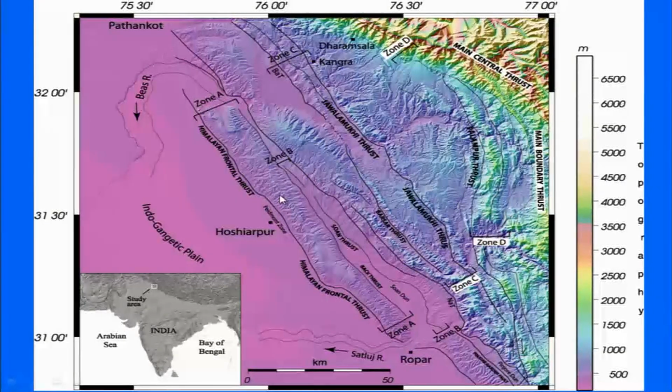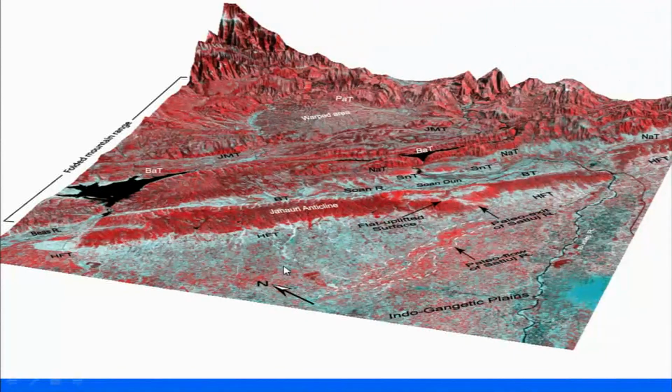So, what we did was that, based on the digital elevation model, we extracted the drainage of this area. But before going to that figure, this is a 3D perspective view of the terrain, which shows the contact between the Indo-Gangetic plain, the Sutlej river coming out, and the Bias river over here, and this is the youngest mountain chain in this region.